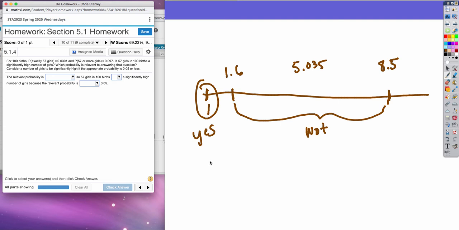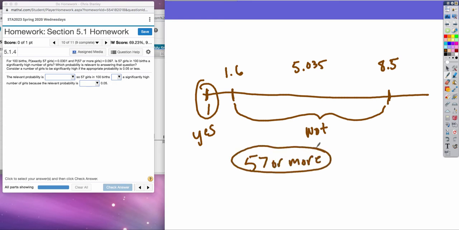Okay, so relevant probability is that or above, so relevant is 57 or more, which comes out to be 0.097.